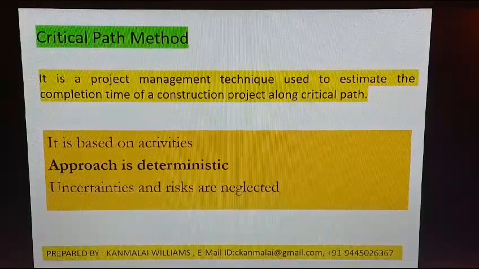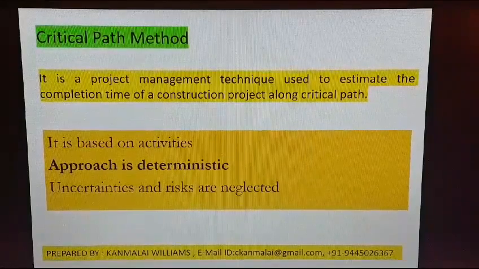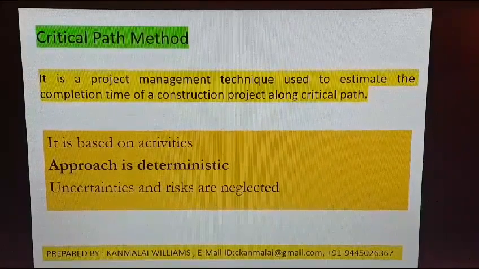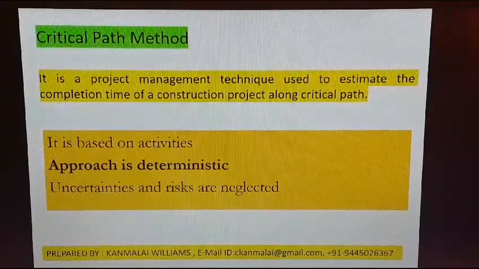It means since it connects the critical activities, it cannot delay the critical activity. Any delay in the critical activity will delay the completion time of the project. So it is determined to finish the critical activities.